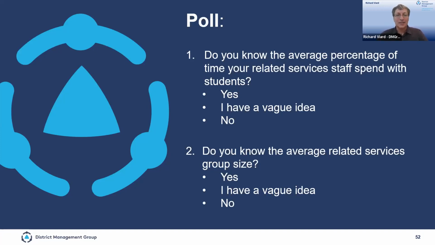So we're interested in finding out where you stand there. Oh, and so I see a yes and a yes. All right, we'll give it more time here. I see I have a vague idea. I see some no's. All right, fantastic. All right, thanks for your honesty as well.